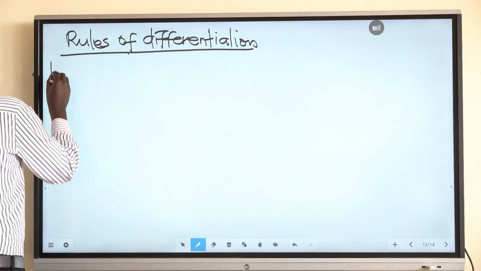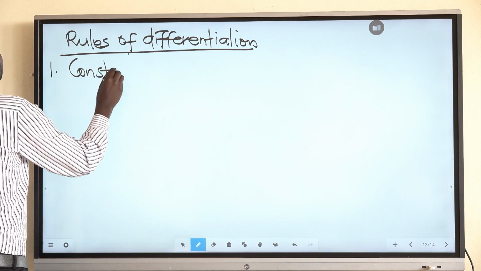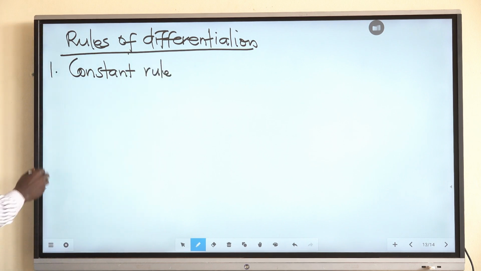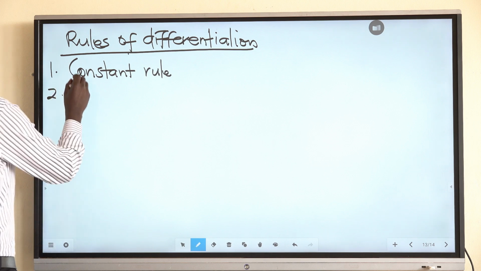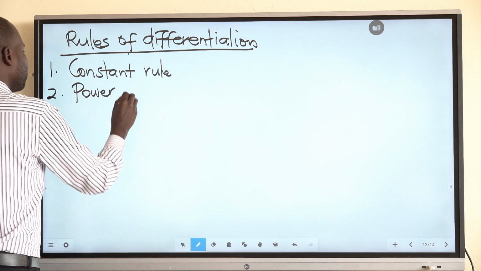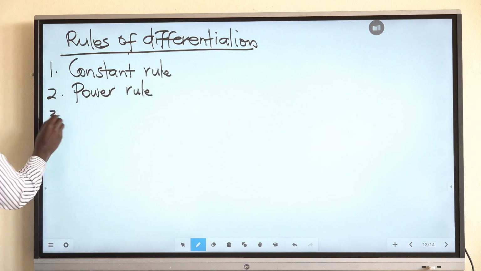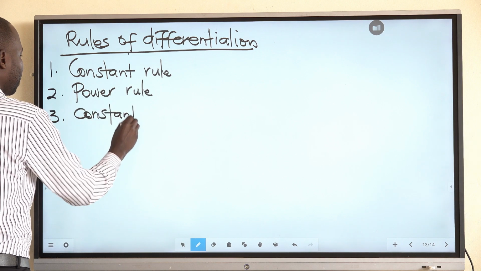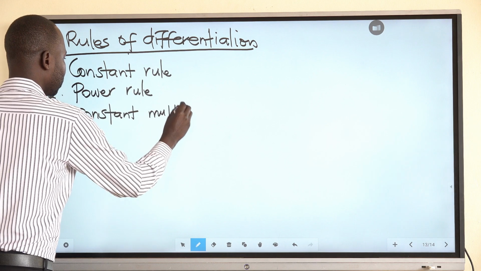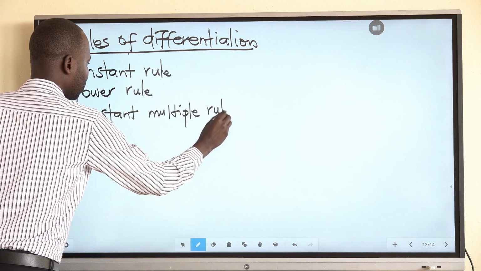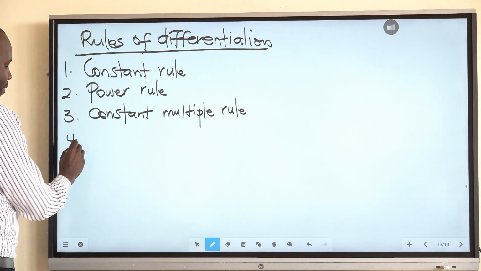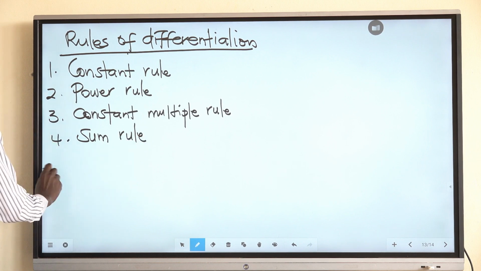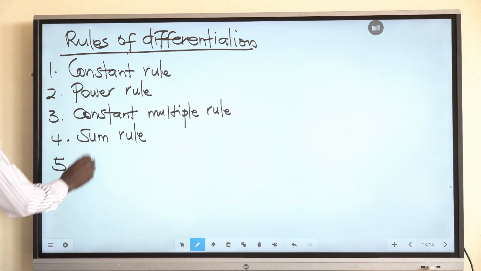The first rule is called the constant rule. We shall dive deep into that later on. Then the second rule is called the power rule. We also have constant multiple rule. We have the sum rule. Number 5, we have the product rule.